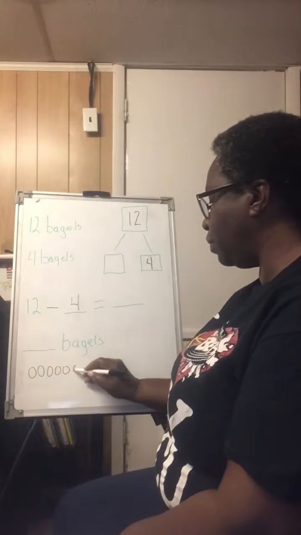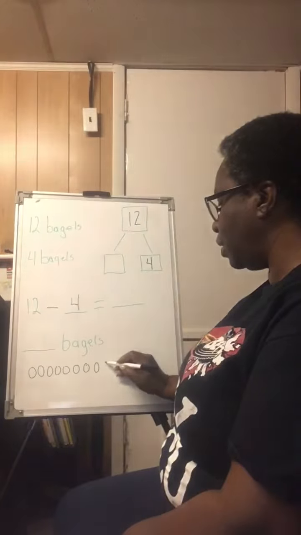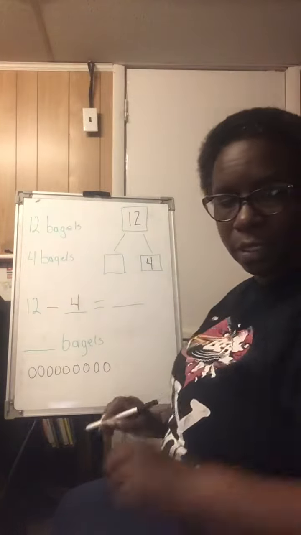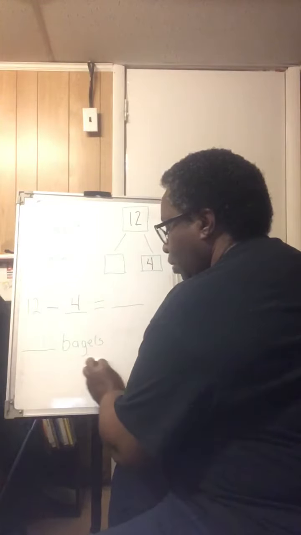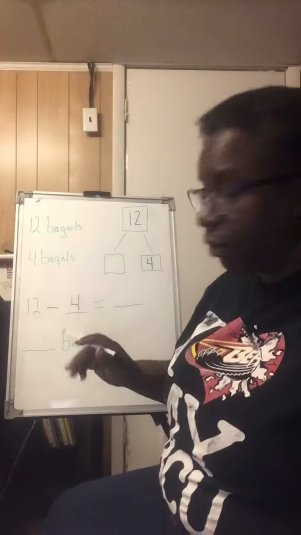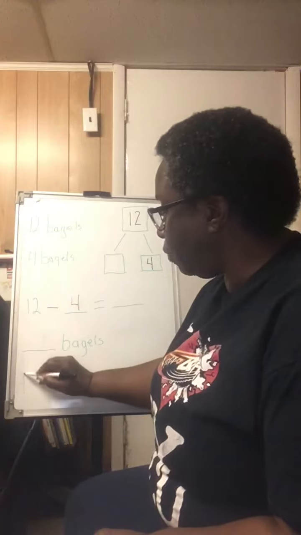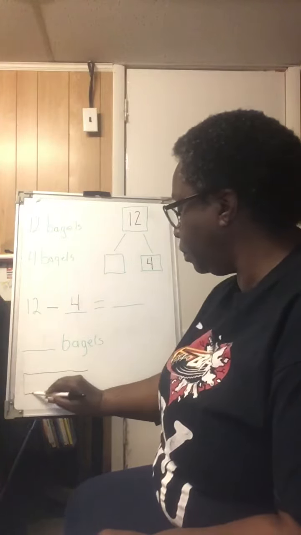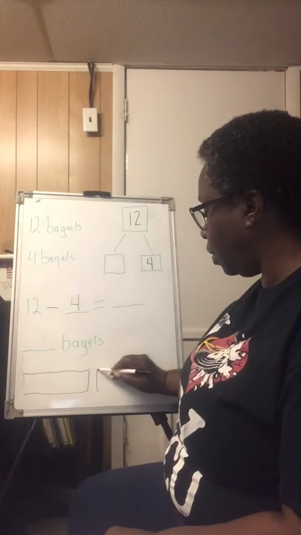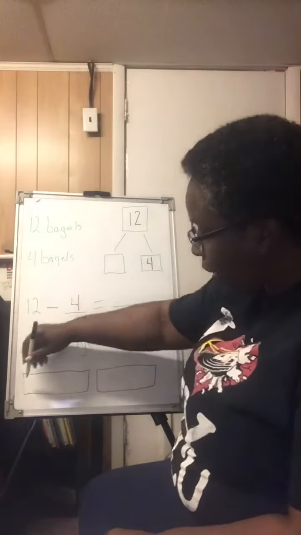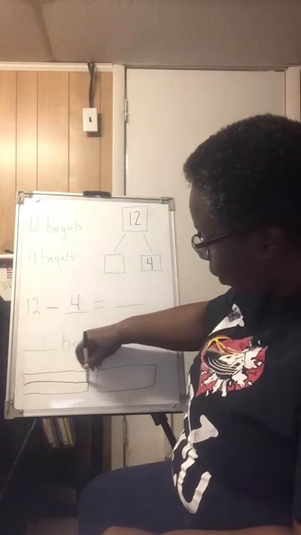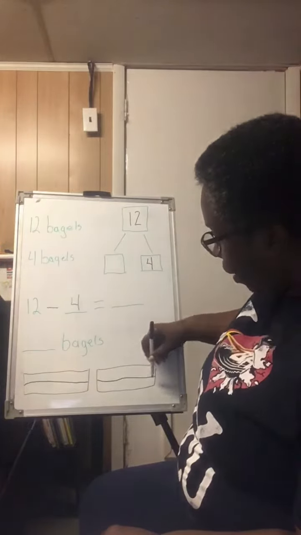Tell you what, instead of counting objects, let's use our number bond, our 10 frame. So we're using both our number bond and our 10 frame so we can show you how things are done.